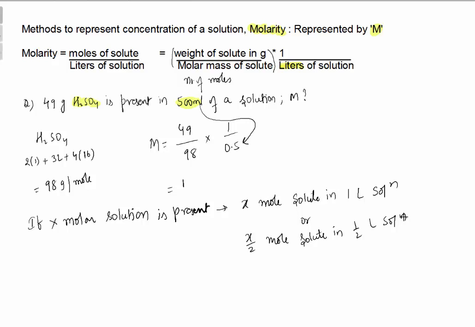Please remember, molarity is one of the methods to represent concentration of a solution, and it is represented by capital M, and the formula is moles of solute upon liters of solution. Now, if you cross multiply, we can calculate moles of solute.